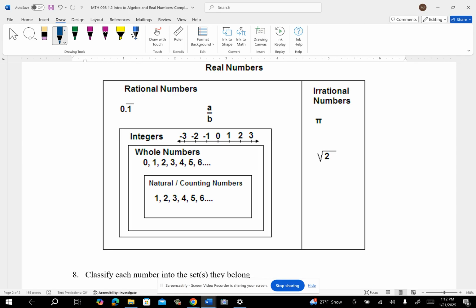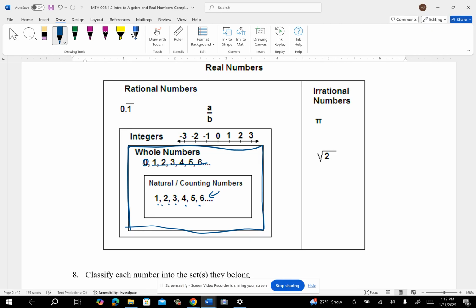That's it. 1, 2, 3 on up. Now, do you see how this box for whole numbers contains the natural numbers? So all of these numbers are part of the set of whole numbers. Really, they shouldn't write those there because they're already here. So 0 would be that extra number, okay, that you include, and 0 together with 1, 2, 3, 4, 5, 6 would be whole numbers.